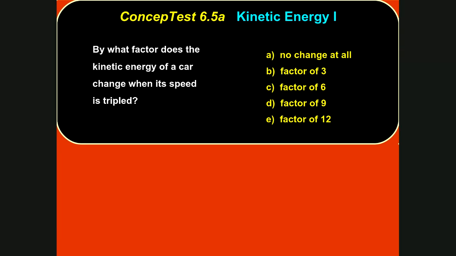By what factor does the kinetic energy of a car change when its speed is tripled? So if kinetic energy was 1/2 mv squared, and initially your speed changes to 3 times v, if it's tripled, what will happen to kinetic energy?